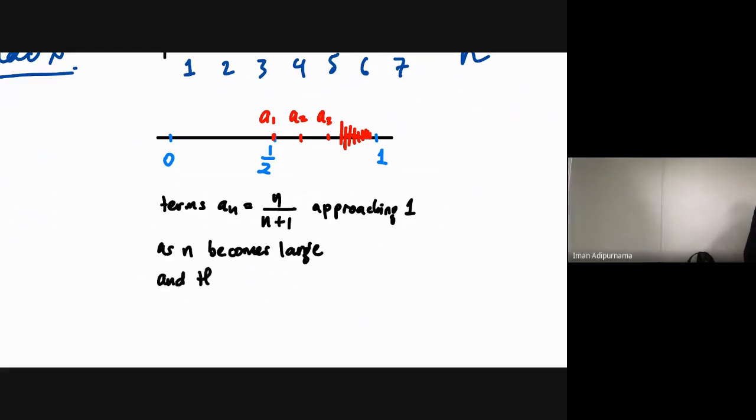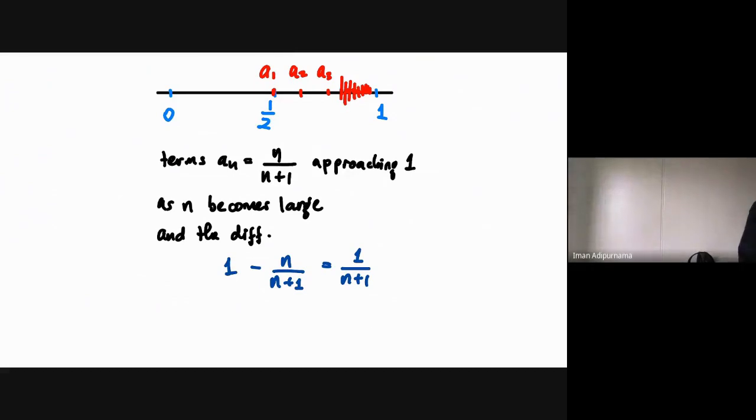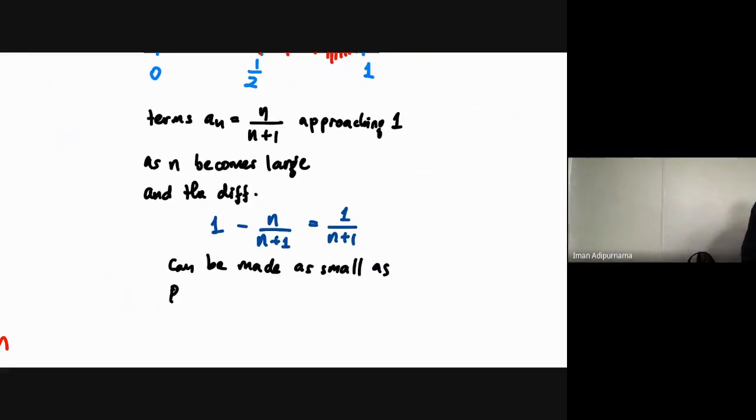And the difference between 1 and the sequence itself can be made as small as possible by taking a large n, right?